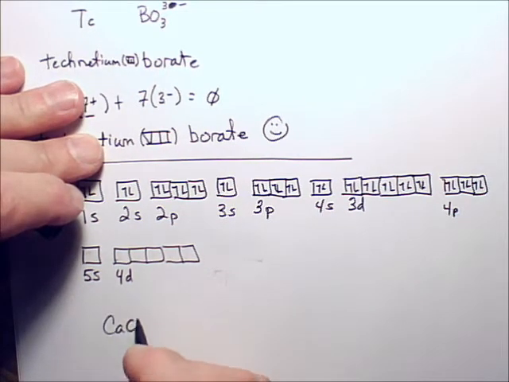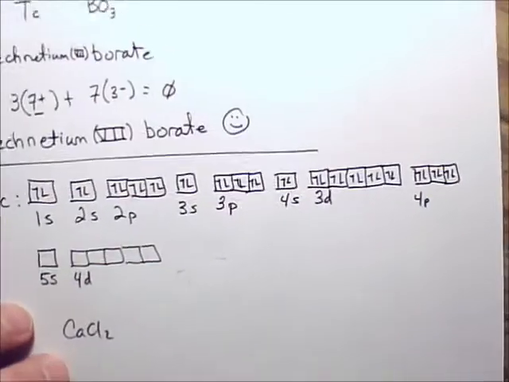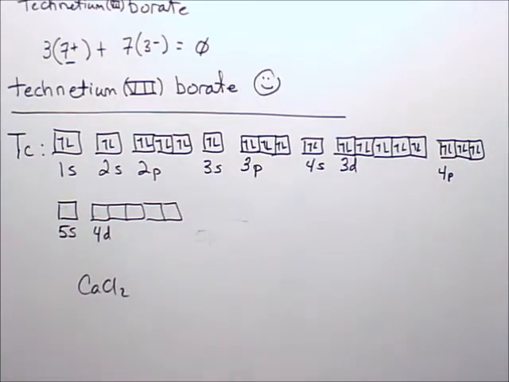I mean, we could have 2 chlorines, but it's metal and non-metal. That's always, at least in this class, ionic. Sometimes it isn't, but for this class, I won't throw one at you that's that confusing.